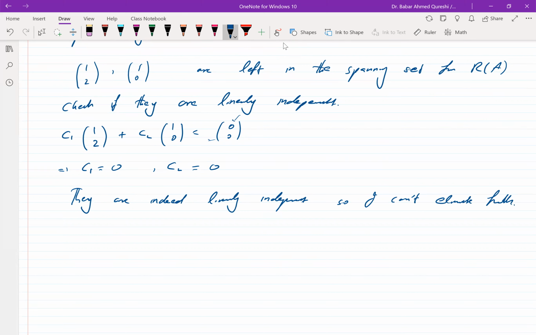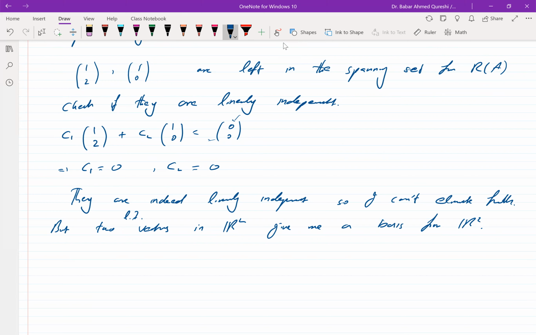So when I span using these two, two linearly independent vectors in R2 give me a basis for R2, because 2 is the dimension of R2.